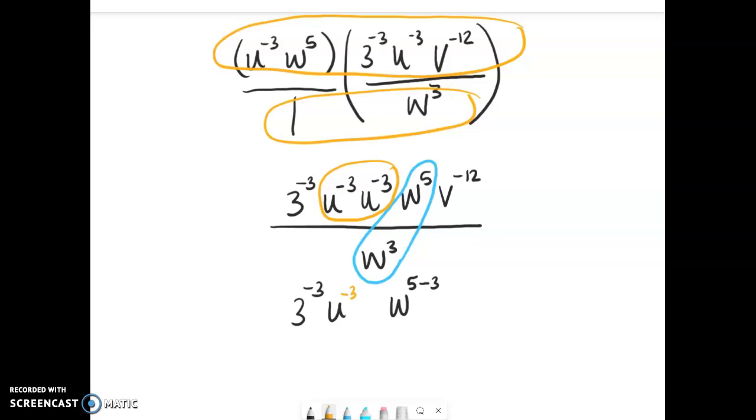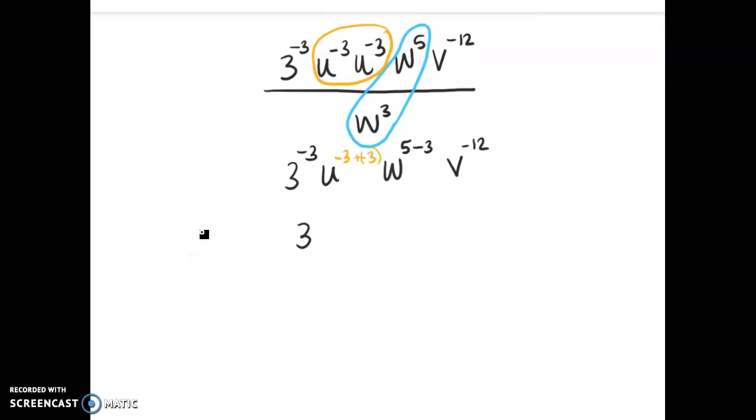I will take the base, leave it the same, and then add the exponents. So I'm going to add a negative 3 to a negative 3. And then I have v to the negative 12. So this will be negative 6, and this subtraction here, 5 minus 3, is 2.